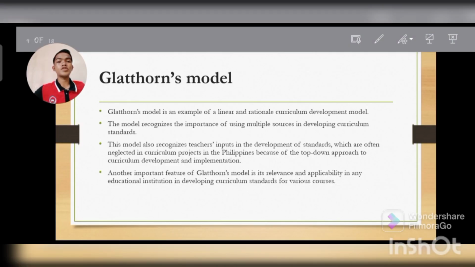Also for this video, I'm going to share with you Glatthorn's model, his background, and his contribution in terms of standards-based curriculum models. So I'll give you a short background about Alan Glatthorn. So who is Alan Glatthorn?